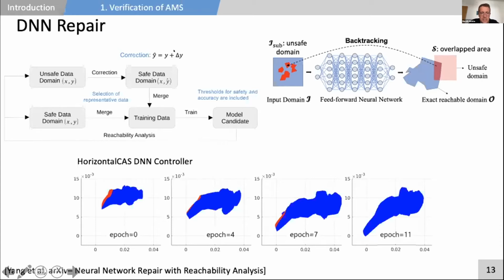This correction is you're choosing a delta y such that the output does not falsify the specification, and then you're merging it into training data, and then you're training it again. For each epoch, you repeat this process until you achieve the specification. So did that help? Yeah, he said thank you.